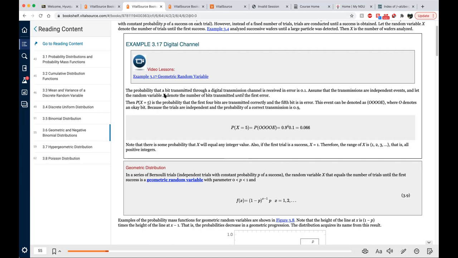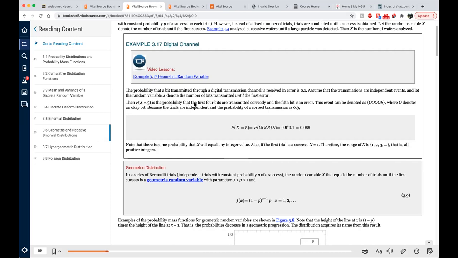This is the major difference between this problem and the previous example we saw in the binomial distribution, right? So x equals 5. What does that mean? That means the probability that we get the first error in the fifth trial.